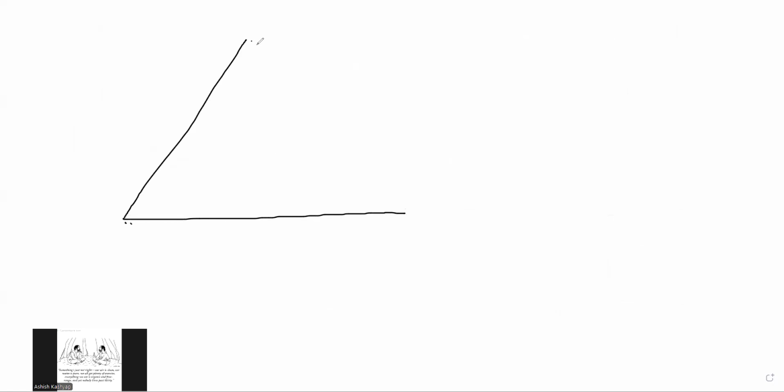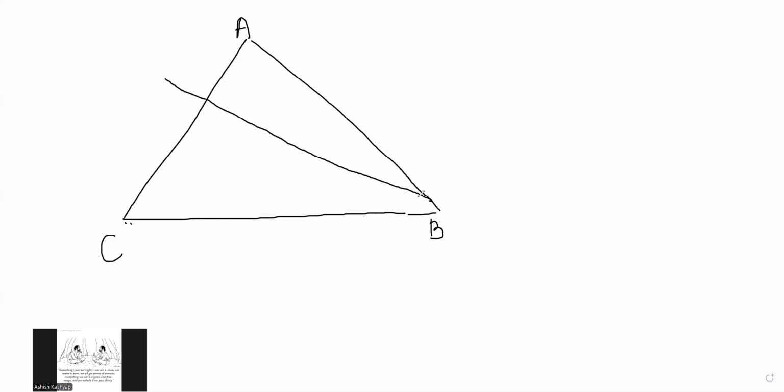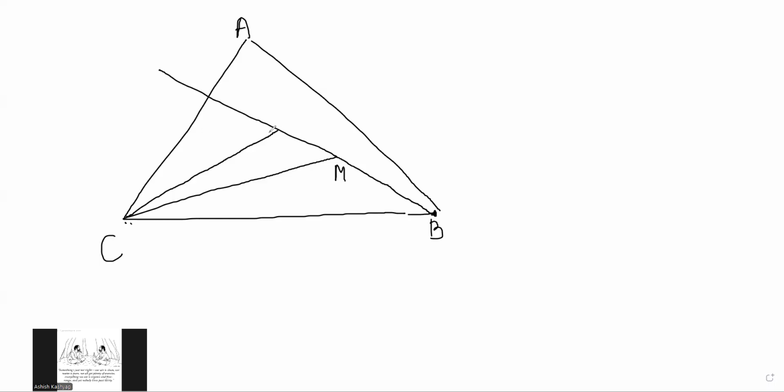We'll say part 2 of the question: A, B, C, and this was right angled, and we had a line like this, M, and this was P. This was the point where we had a bisector.